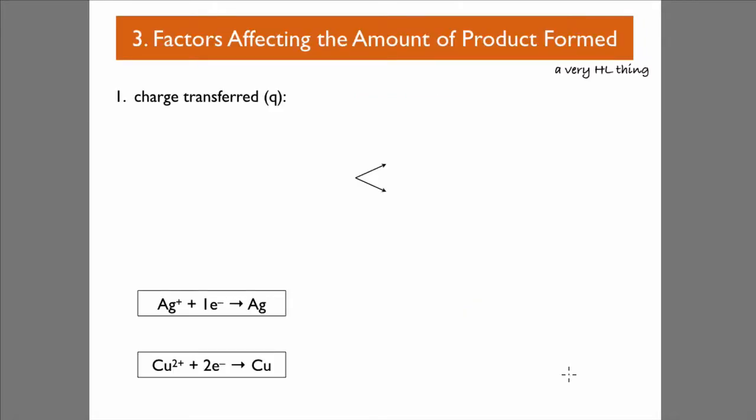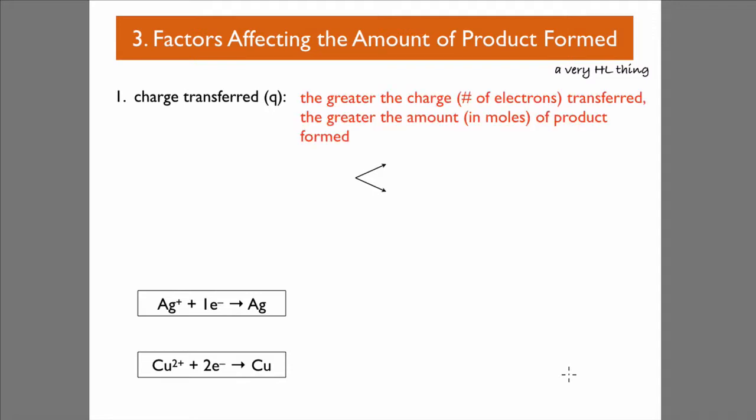Okay, factors affecting the amount of product formed. First of all, the charge transferred. The greater the charge or number of electrons transferred, the greater the amount in moles of product formed, which is kind of straightforward and sensible. And you can see it by looking at the formula. Obviously, if you increase the current, you increase the product.